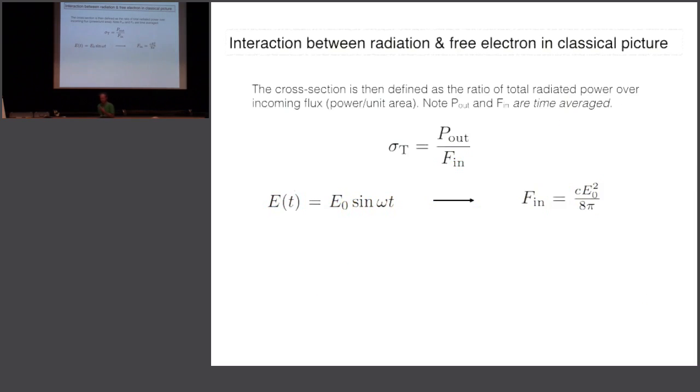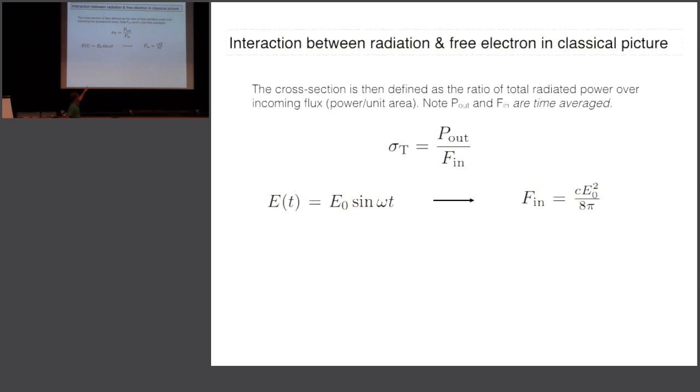Now the other thing we know is the cross-section. When we think about this incoming radiation field, you have an incoming electromagnetic wave. The cross-section is defined as the total power re-radiated by this accelerated charge, so energy per unit time, over the total flux coming in, which is the power per unit area.